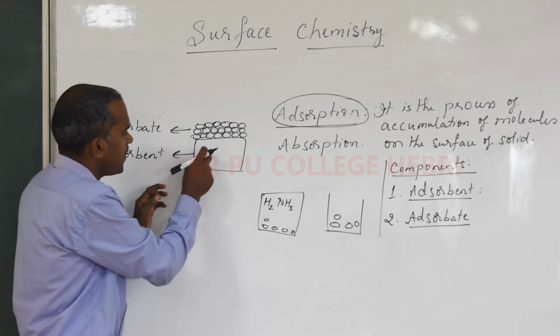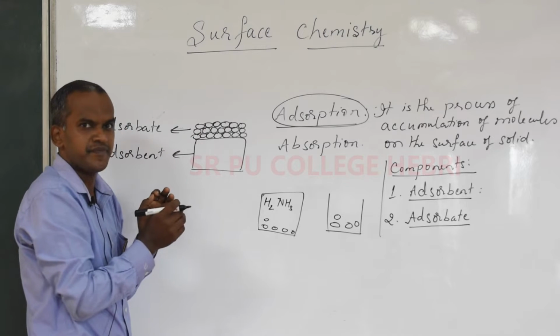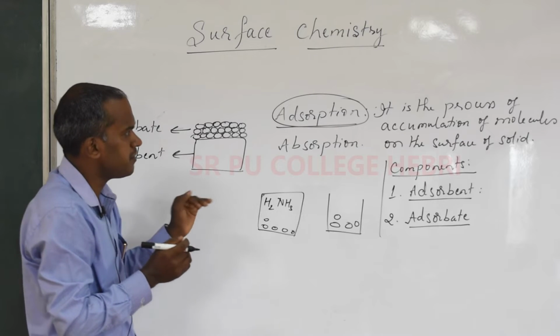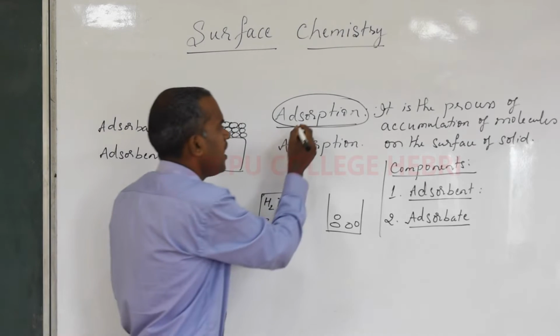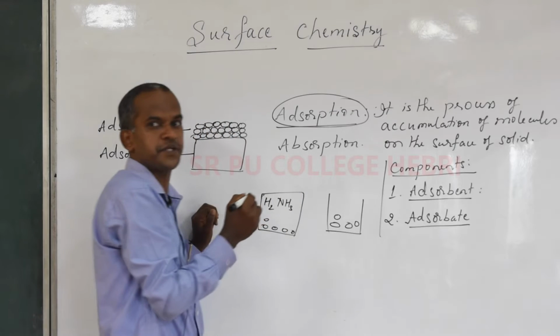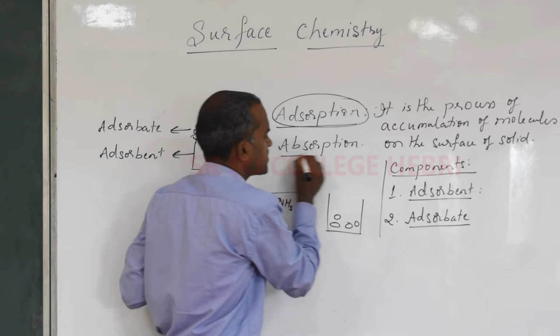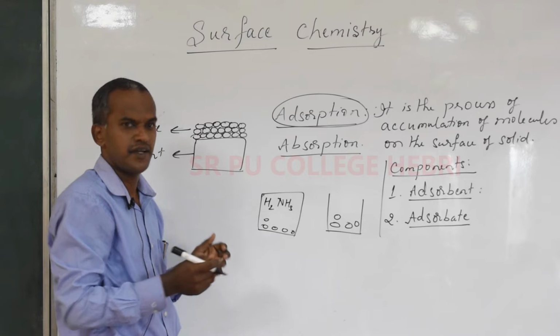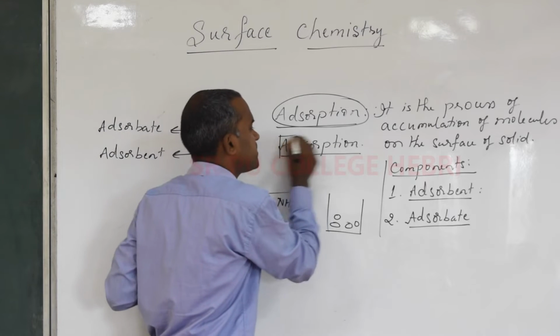When there is an accumulation, the particles remain only on the surface. I mentioned in the beginning that in this chapter we study adsorption and absorption. The question you may ask now is, are adsorption and absorption totally different? Now, what is absorption then?